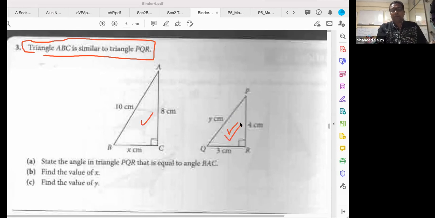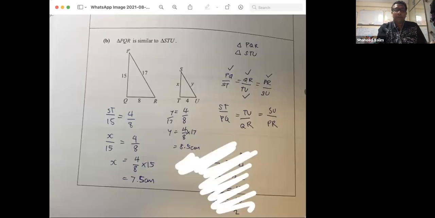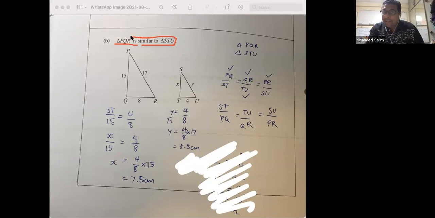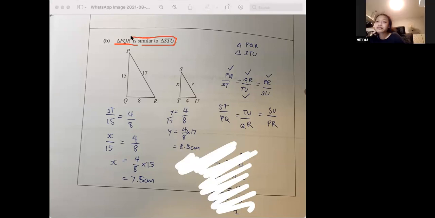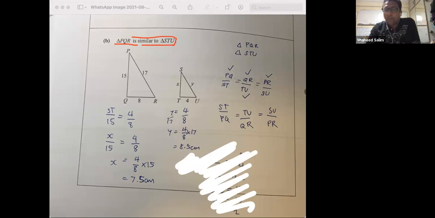Am I going to doubt it? In fact, in the question you showed me down here, the question also says this triangle is similar to this one. I'm not going to doubt it. But if they did not tell me that it's similar, I should use that method. Because why?